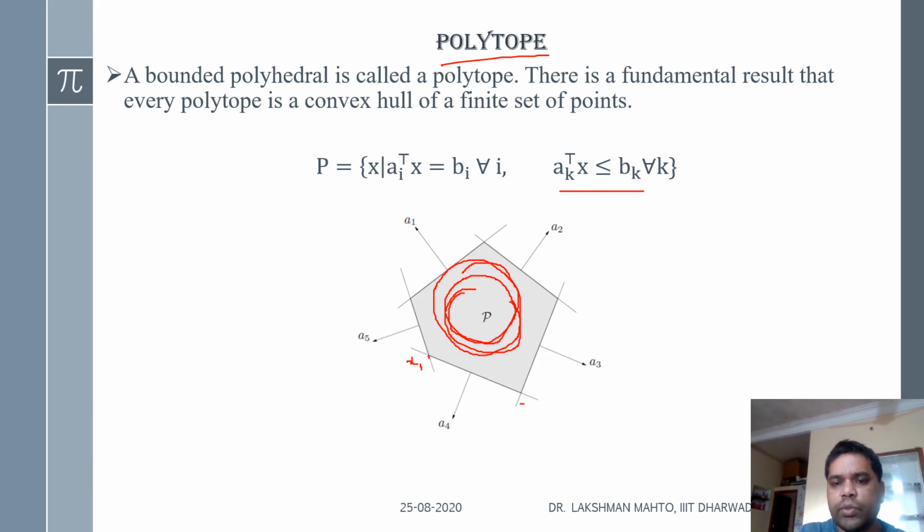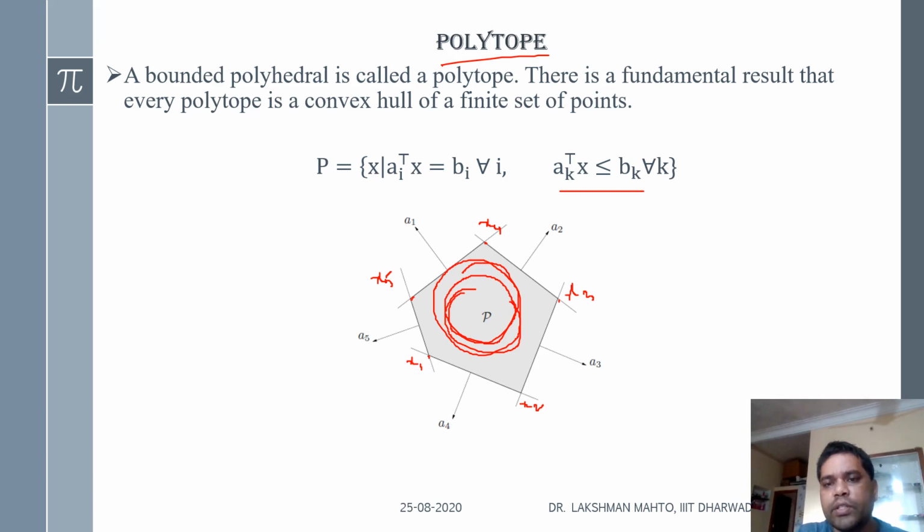Here there are a finite number of extreme points. The first extreme point is x1, this one is the second extreme point x2, this is the third extreme point x3, in a similar fashion this extreme point is x4, and this one is x5.